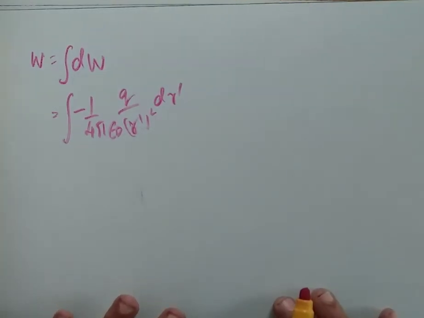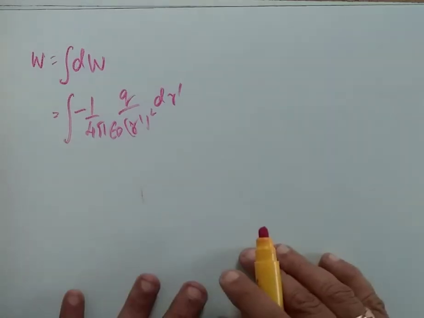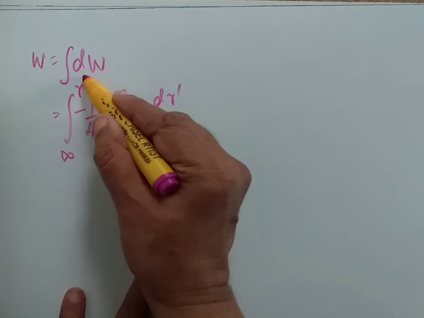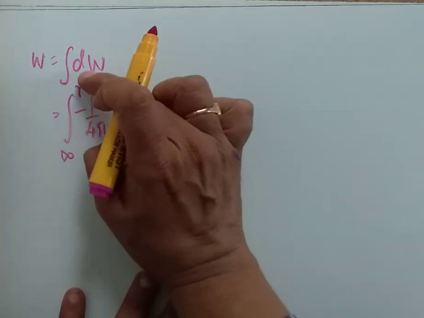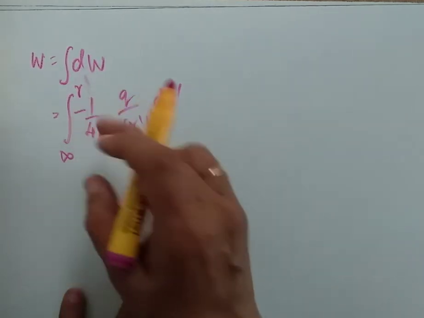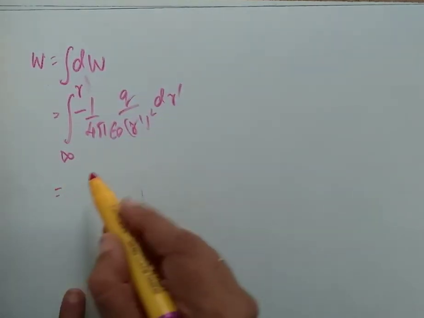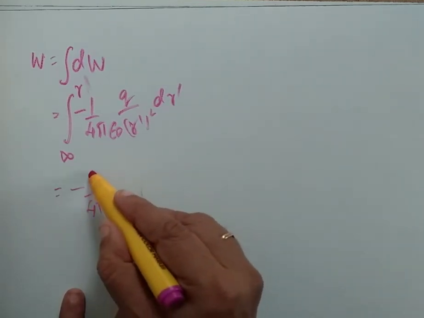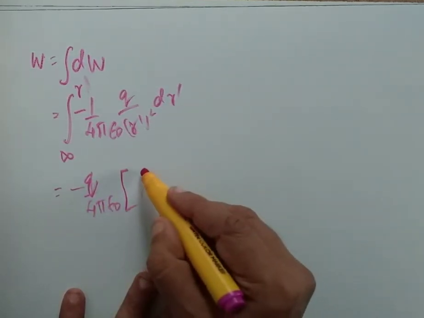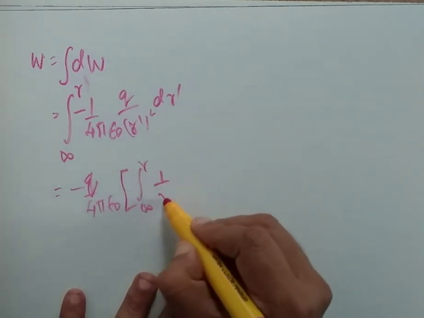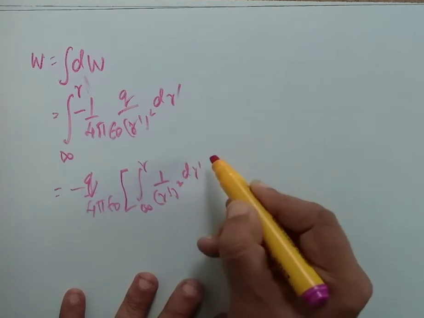But what is the limit for r'? It is from infinity to the given point. So I write infinity as the lower limit, and the given point means at a distance r, not r', r. So r' varies from infinity to r. So we integrate this, take out the minus sign, 1 by 4 pi epsilon naught and Q also. What we are left with inside is the integral from infinity to r of 1 by r' squared dr'.